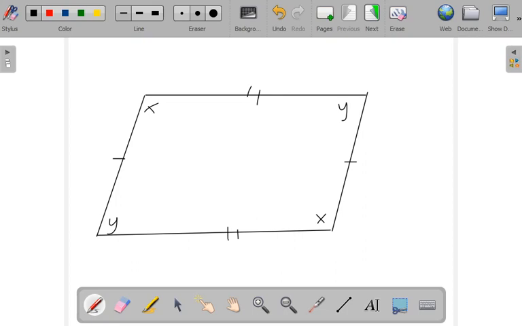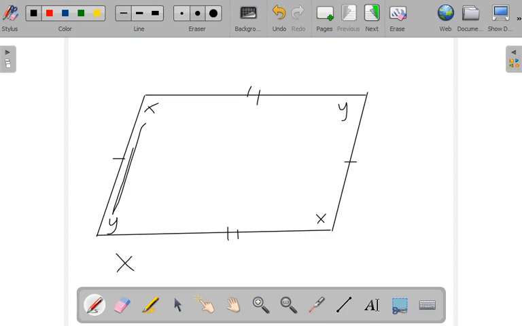So the other important property of parallelograms is that consecutive angles are supplementary. Supplementary means that they add together to equal 180 degrees. And consecutive means they're side by side. So if you took these two angles, these x and y, they're consecutive, they're next to each other.